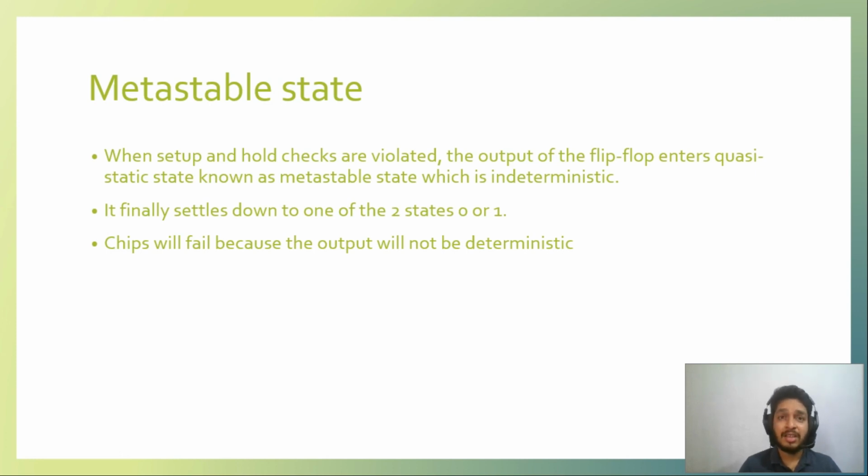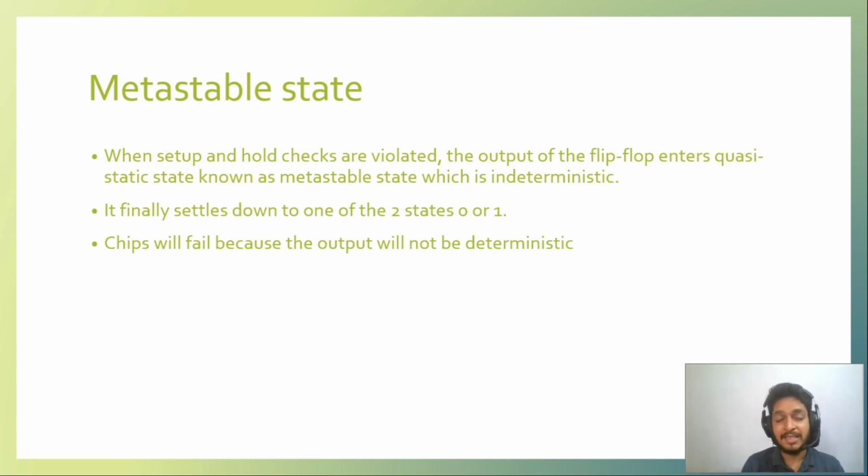But it really creates a problem, what is called a quasi-stable state, which is called a metastable state, which is a kind of state between 0 and 1, and it will be bouncing back 0 1 0 1 0 1, and finally after maybe a fraction of a second, it will go to a stable state, whether it's 0 or 1.